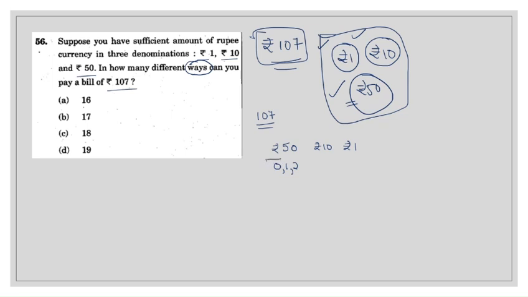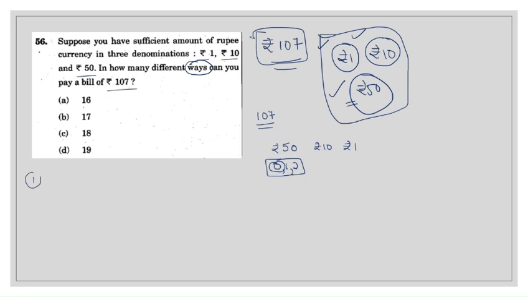Now we are deciding this for 50, the reason being 50 is the largest value. So it will be simple to calculate for rupees 10 and rupee 1 if we know the basic combinations for rupee 50 notes, right? So suppose now first we'll take up 0 in this case. If we use 0 notes for rupee 50, then what will be the case?